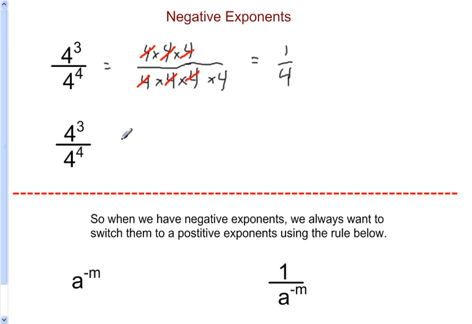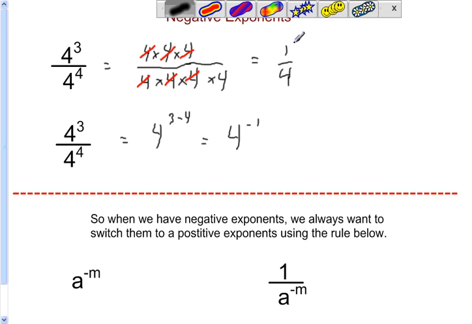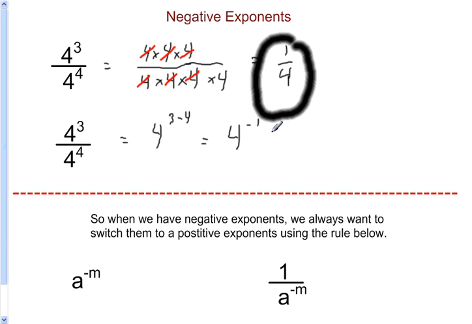Now we're going to use this with exponent laws. 4 to the 3 minus 4 is the same as 4 to the negative 1. But remember, we got this answer to be 1/4 and 4 to the negative 1.